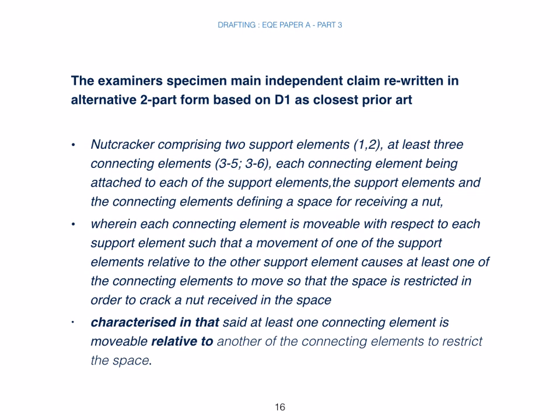So I put in a characterizing clause which says, characterized in that, said at least one connecting element is movable relative to another of the connecting elements to restrict the space. So that is how I think the claim could be rewritten.